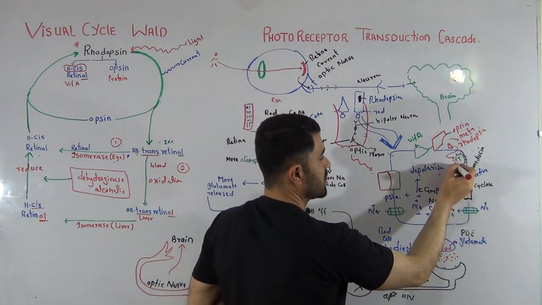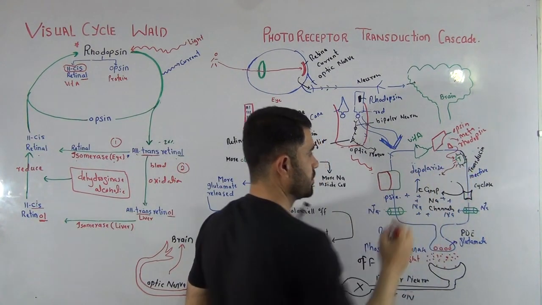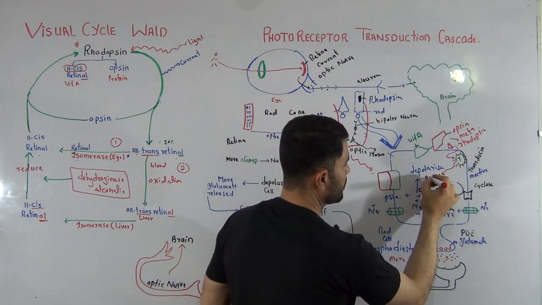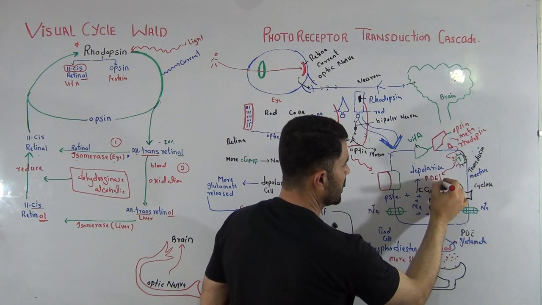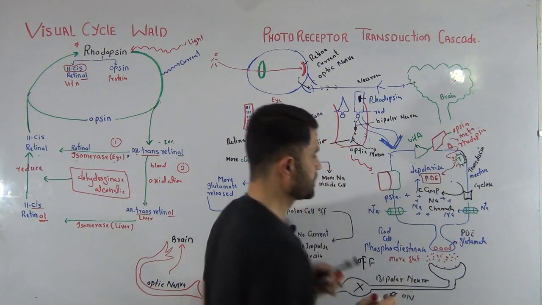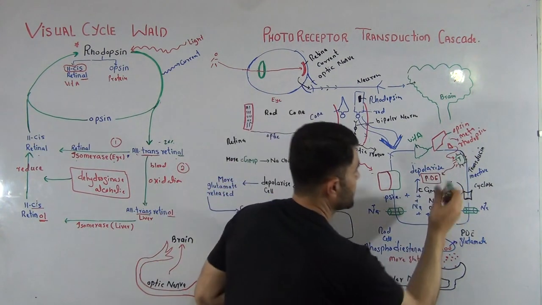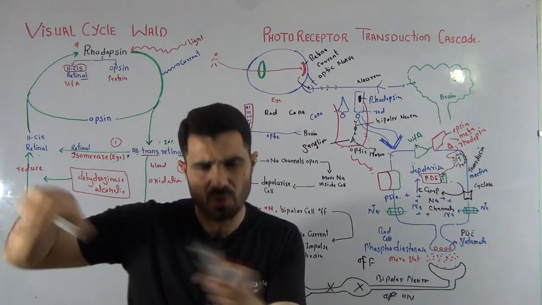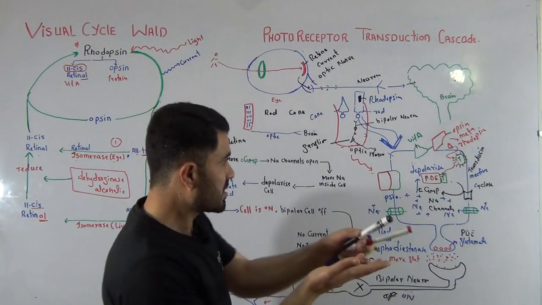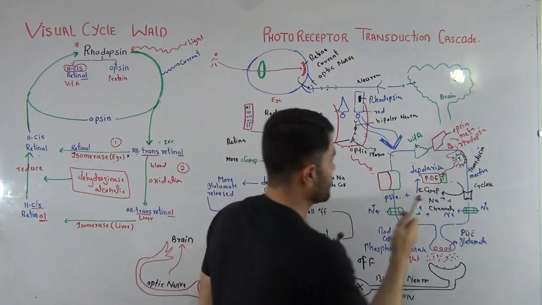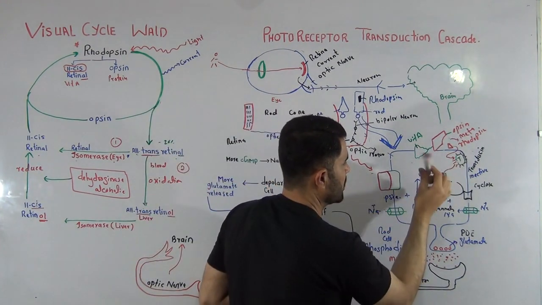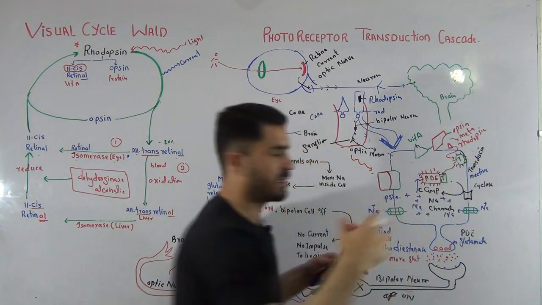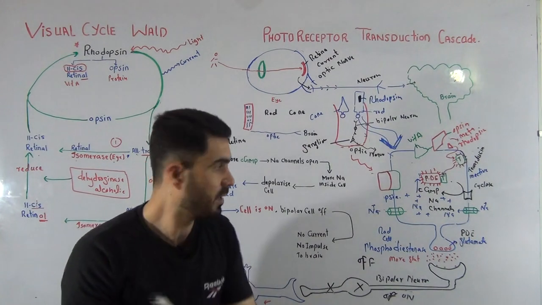This transducin will now come to an enzyme called PDE. Transducin is attached to the PDE. PDE was also inactive, but once the transducin is attached, it also becomes active. So I'm writing these lines just to make sure that this enzyme is now activated.